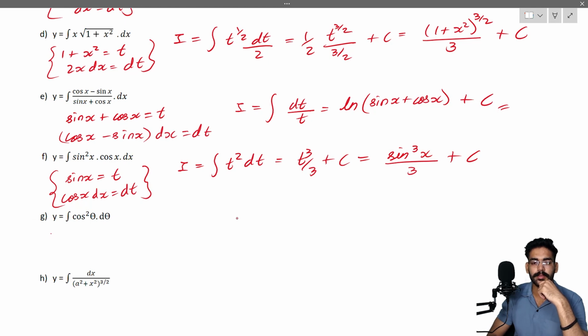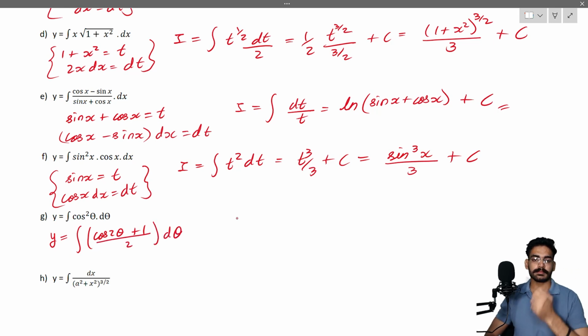Okay, how to reduce the power? I is equal to the integration of, you remember the formula of cos 2 theta? Cos 2 theta is equal to 2 cos square theta minus 1, right? So by that you will get cos square theta equal to (cos 2 theta plus 1), you take the 1 to that side, divided by 2, into d theta.